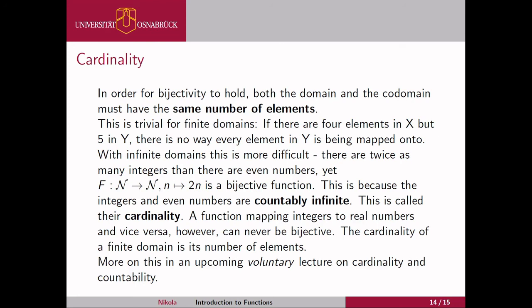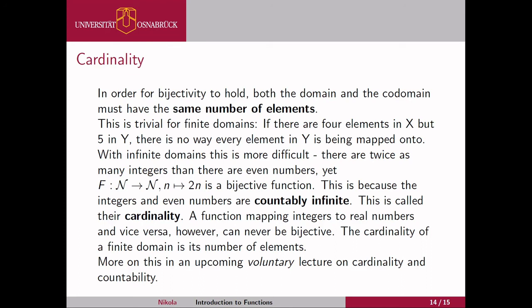Take a simple example. Assume we map every single integer to, well, the corresponding even number. So assume we're mapping n to 2n. We're doubling every integer in order to get an even number.